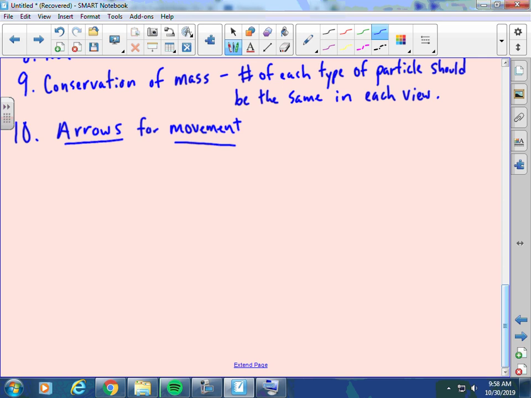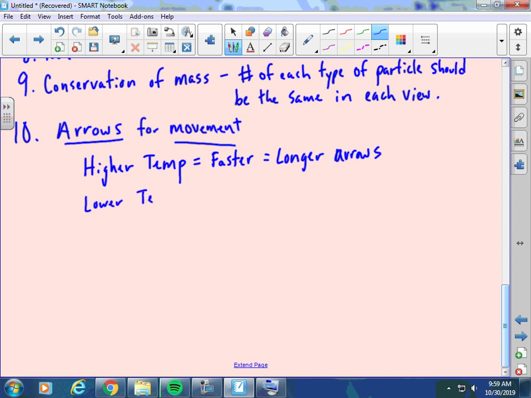Is that correct? Do we all agree on that? So higher temp equals faster, and the way we're going to show that is by making longer arrows. Lower temps, slower, and those will have shorter arrows. We are going to stop there with these notes.